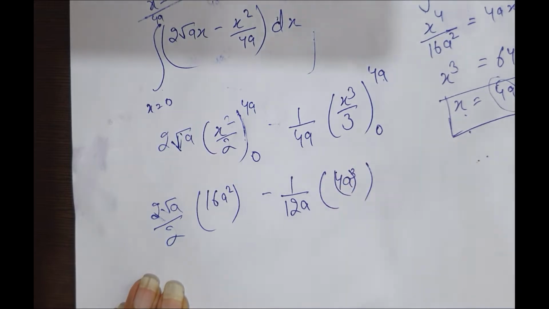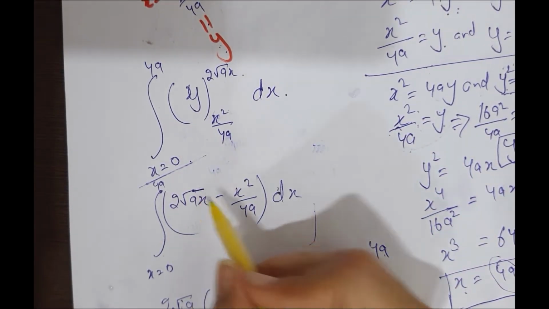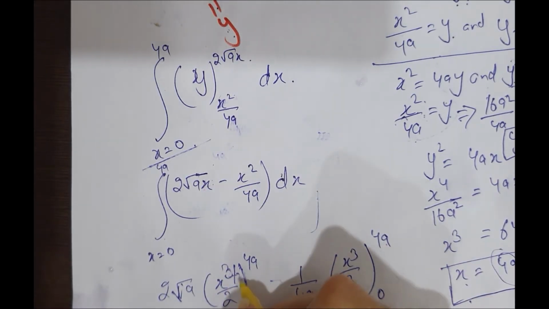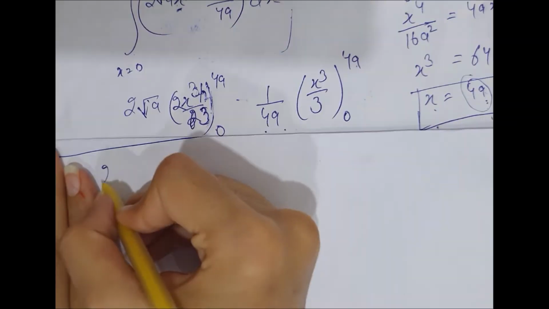I will write it like this. I did it by mistake. This root was on x also. This was root x. So its integration will be 3 by 2. I will write it clearly.